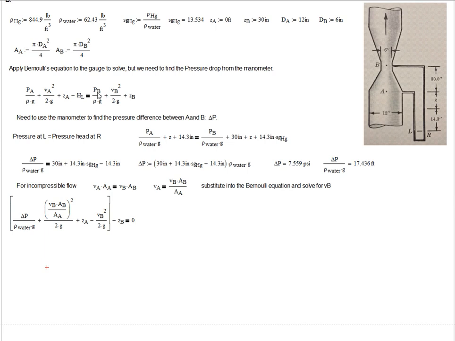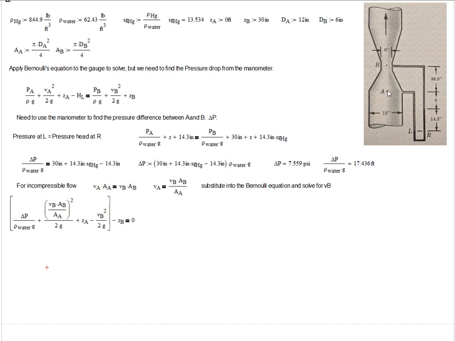I've taken the delta P, the PA minus PB, so here's my delta P, so it's PA over rho. Notice that I kept it positive here.